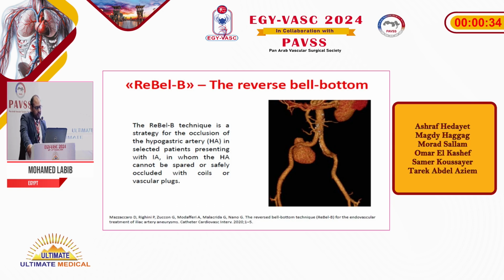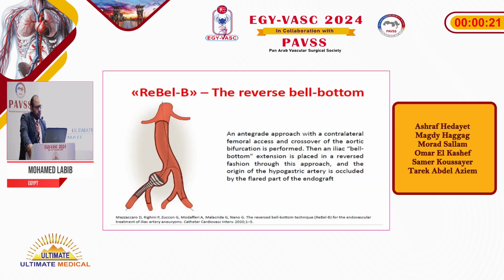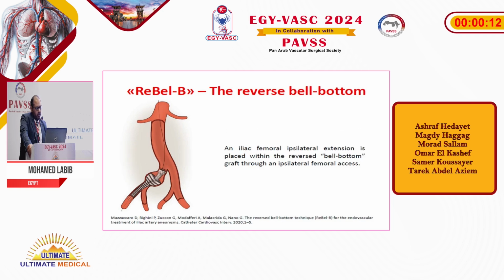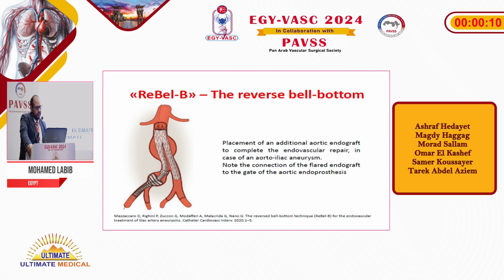The last technique is adopted by San Raffaele in Italy, the reversed bell bottom technique, which is indicated if there is no available plug or coil, or unfit anatomy. From the contralateral side, they deploy an iliac extension to occlude the ostium of the internal iliac artery, followed by deployment of the iliac extension and the EVAR.